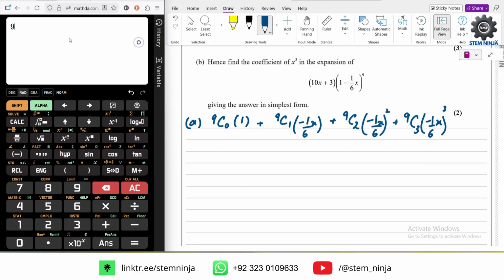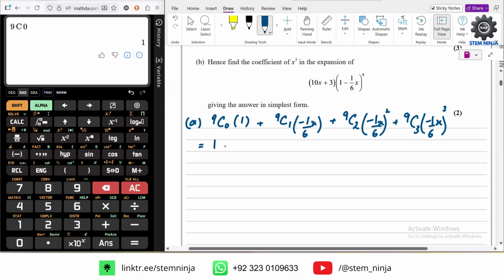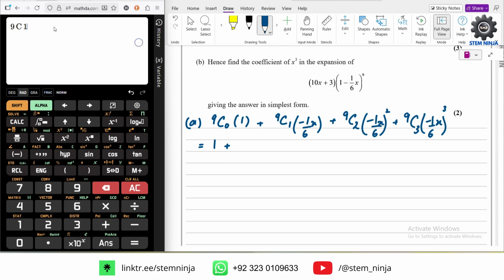Now we just simply need to calculate them. So 9c0 is just 1. Plus 9c1 divided by 6, 3 by 2, and this is going to be negative.